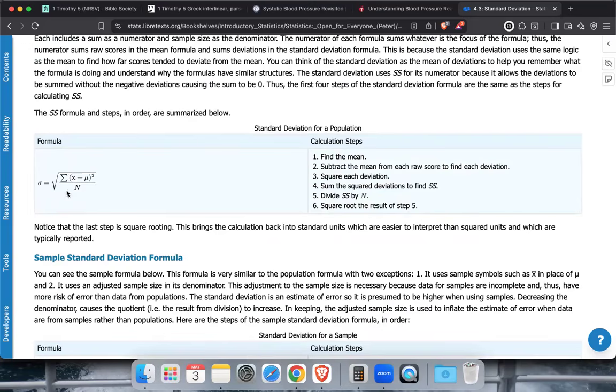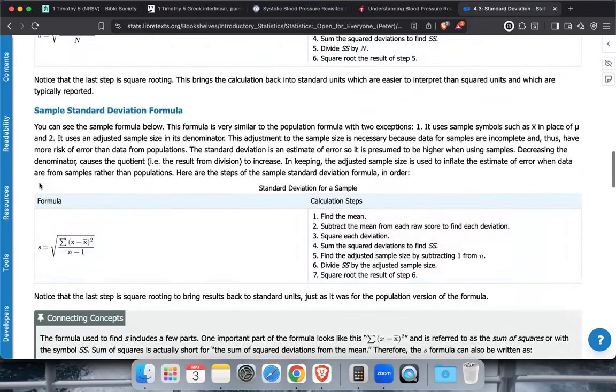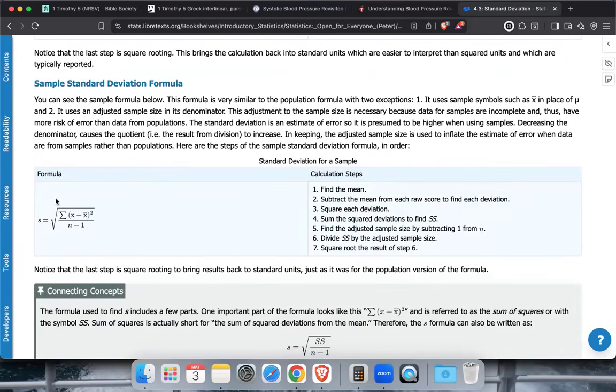This is the formula I would be using if I was doing a population standard deviation. But I'm actually going to use the sample standard deviation. So lowercase s equals the square root of the sum of parentheses x minus x bar squared over n minus 1.